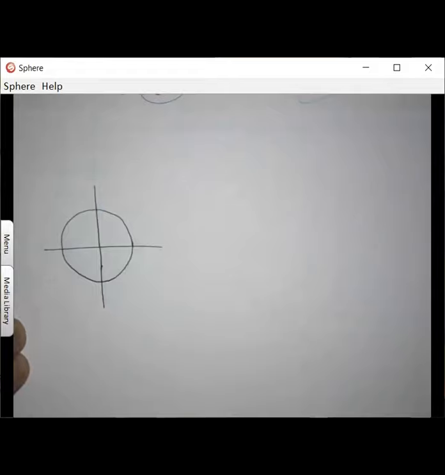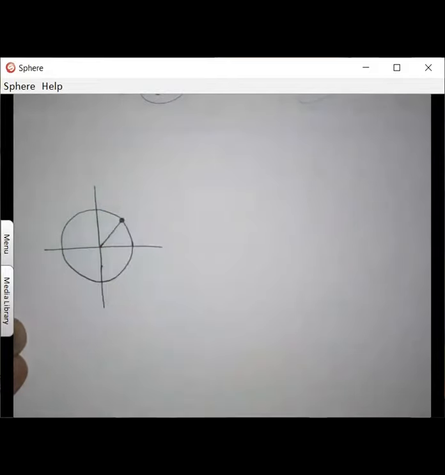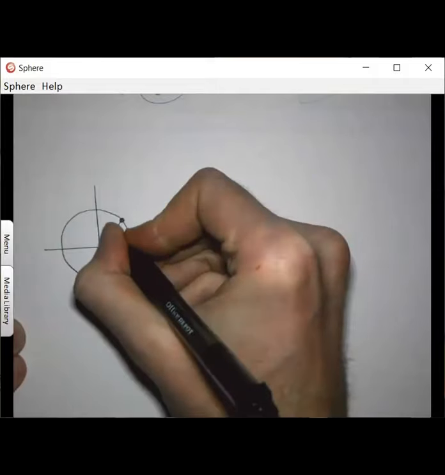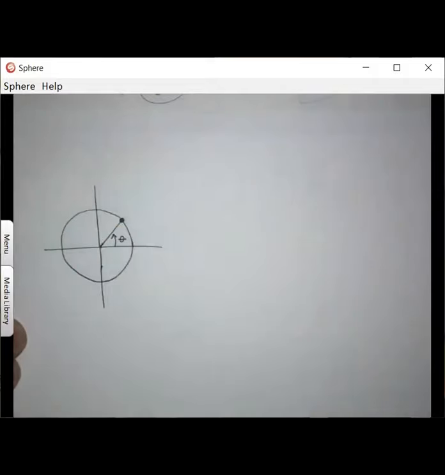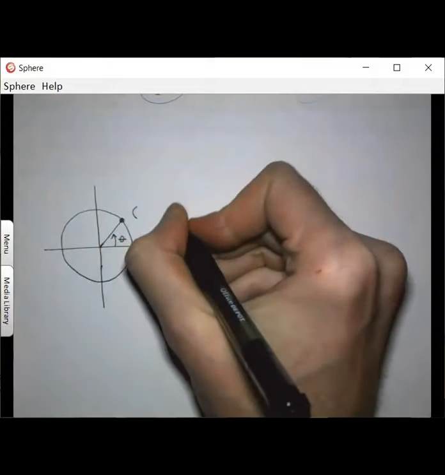Say this is our unit circle. We have some point. This is our theta. And then we have a point here, and we have values for all of them.